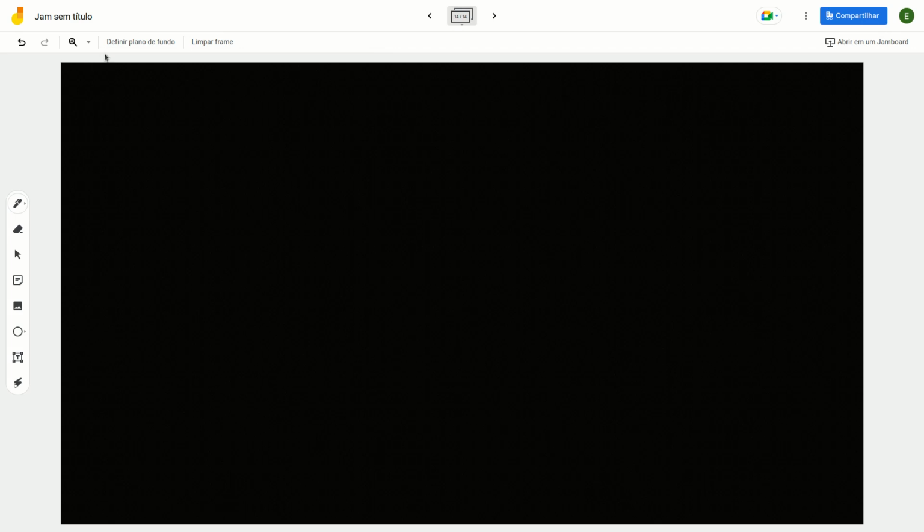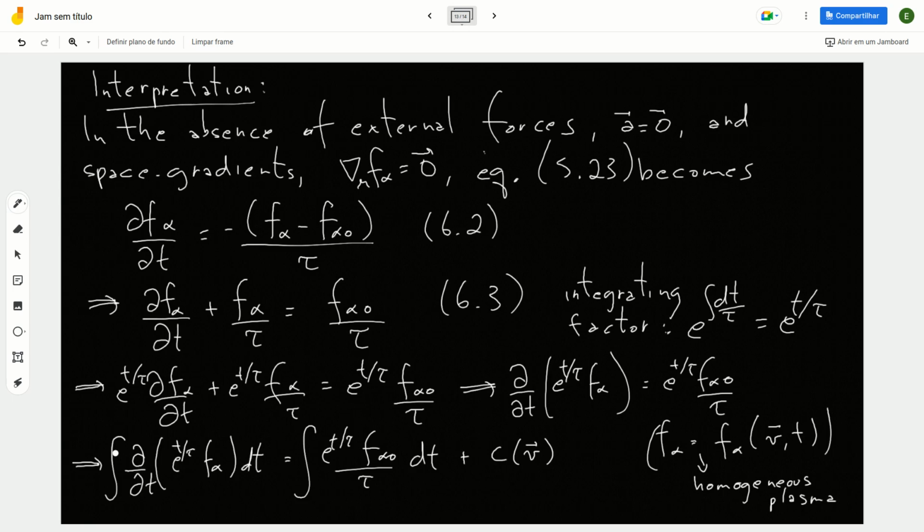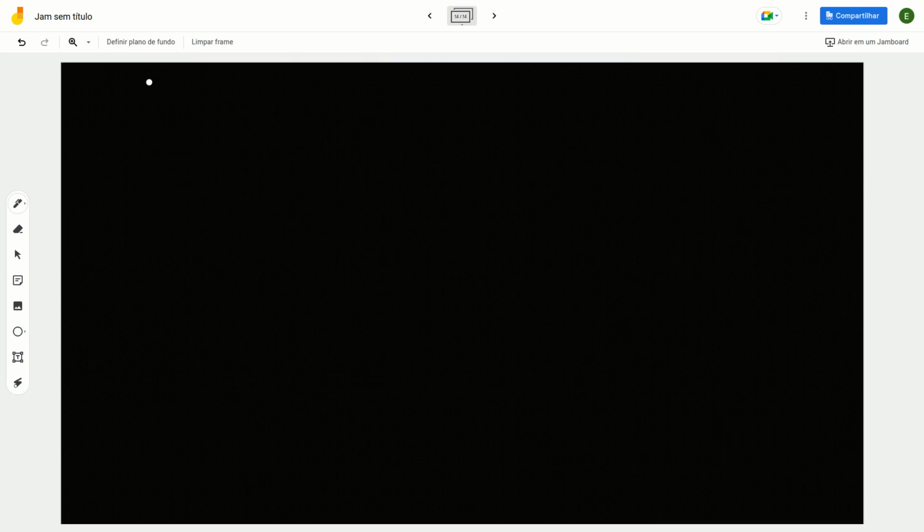So from here, let me see. What is this? Okay, so the integral of this derivative will be just this term, and I can remove this from here because f0 is not a function of t. This is the asymptotic value, so I can remove it from the integral.